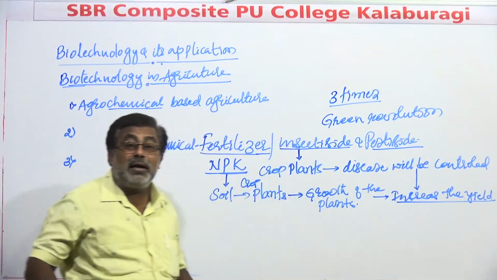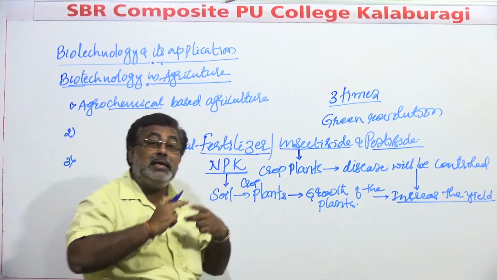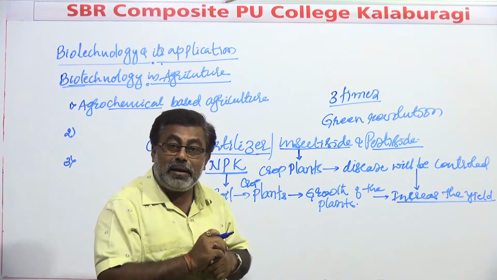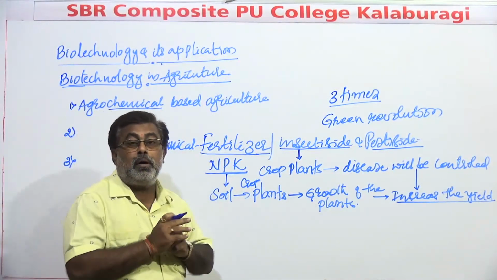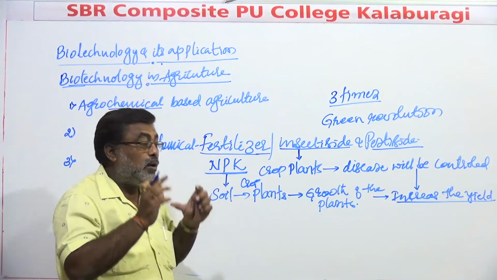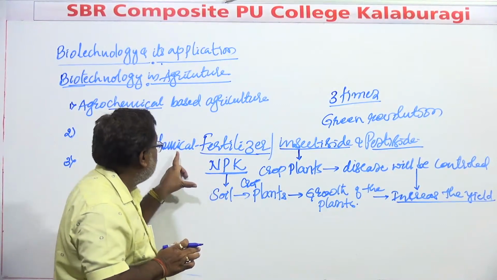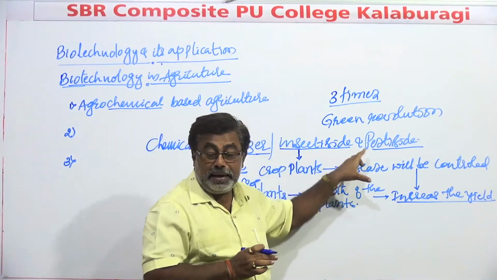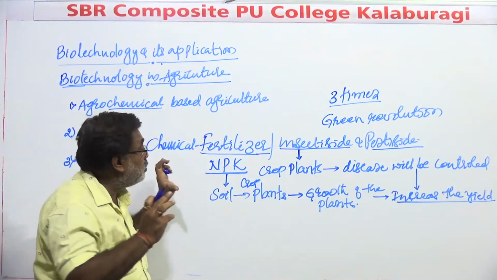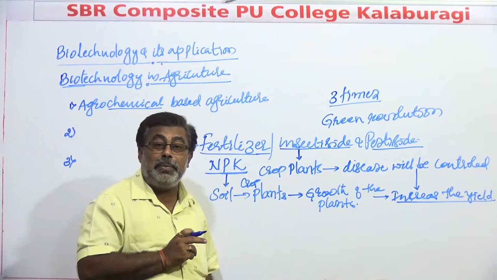This is called the green revolution, means increasing the yield of the plant by using the agrochemical based agriculture, using the chemical fertilizers, insecticides and pesticides. So by using this, the yield will be increased.